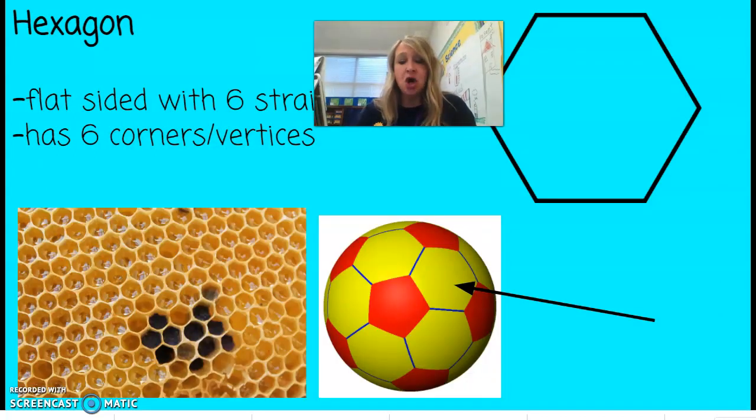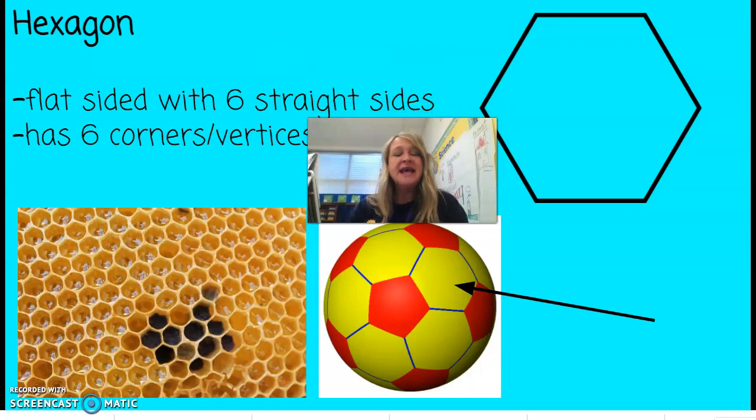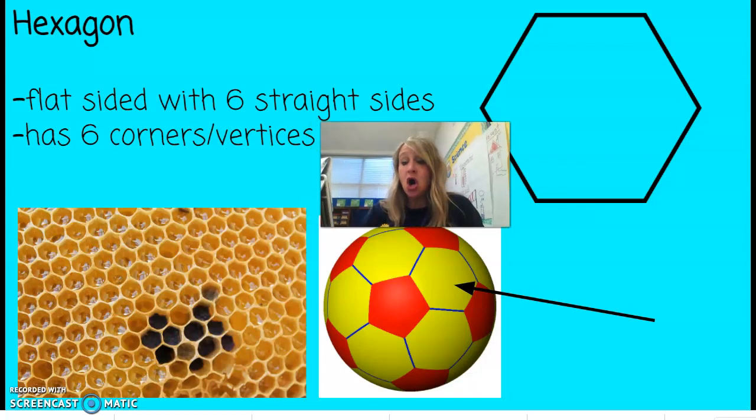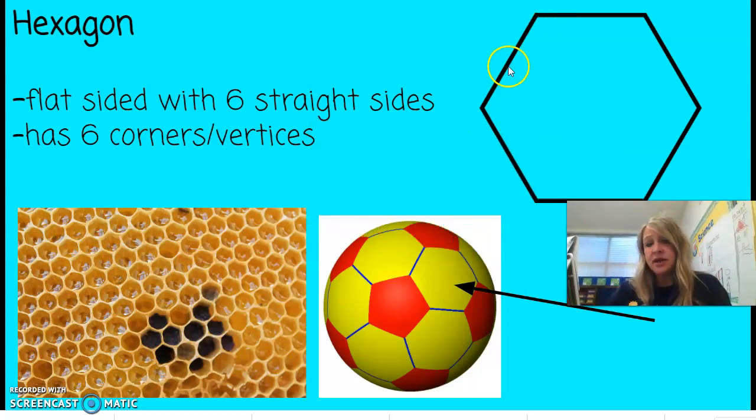Today's new shape is called a hexagon. Say hexagon. A hexagon is a flat-sided shape with 6 straight lines. It has 6 vertices. Remember, vertices are the corners. So here is a hexagon.